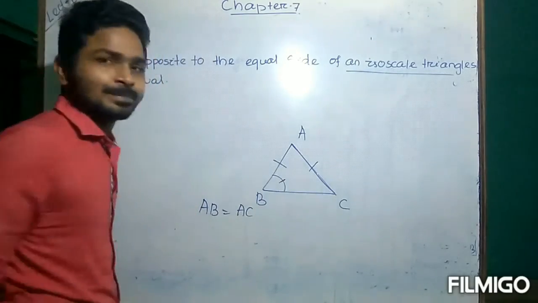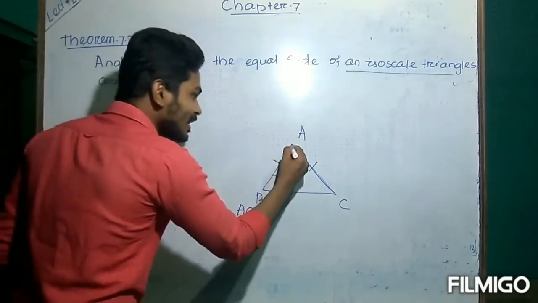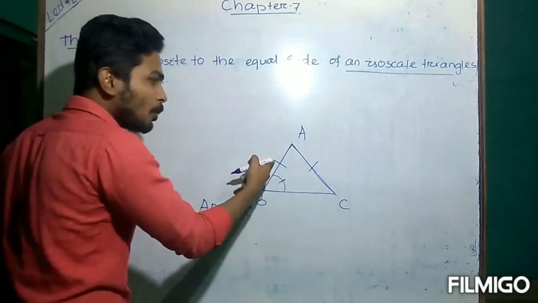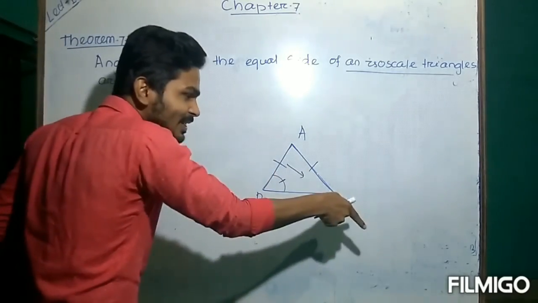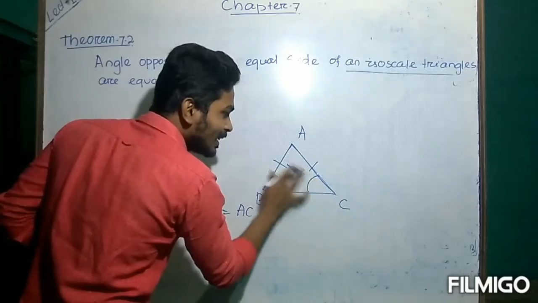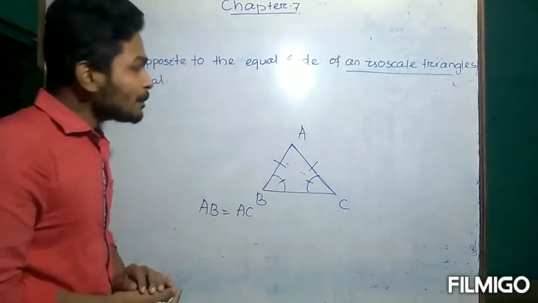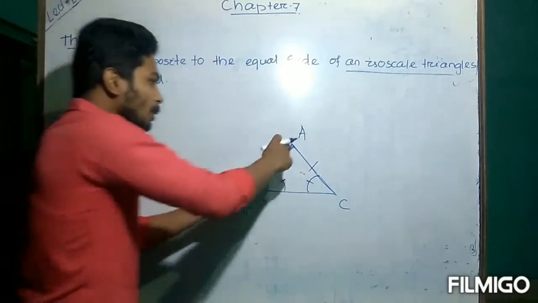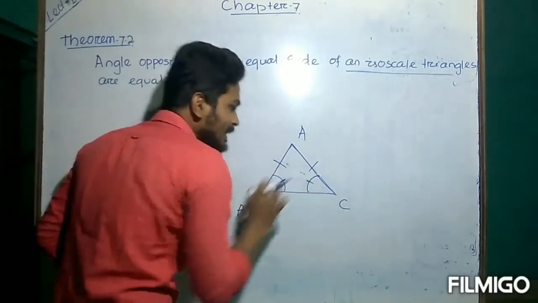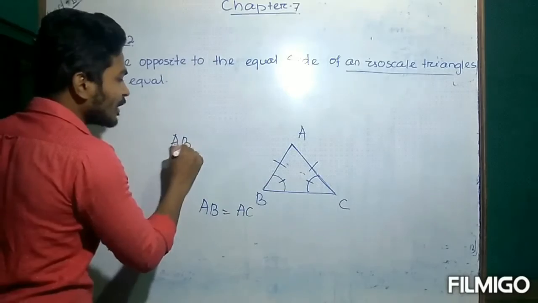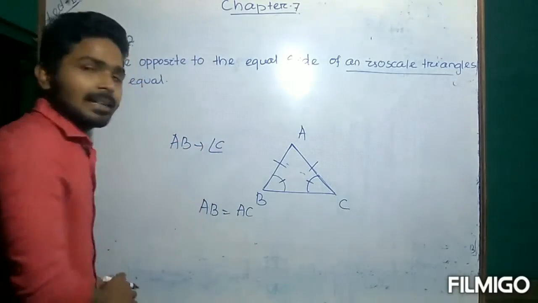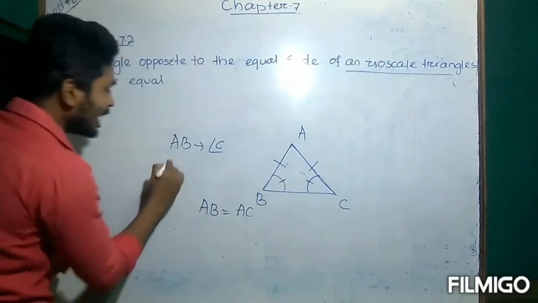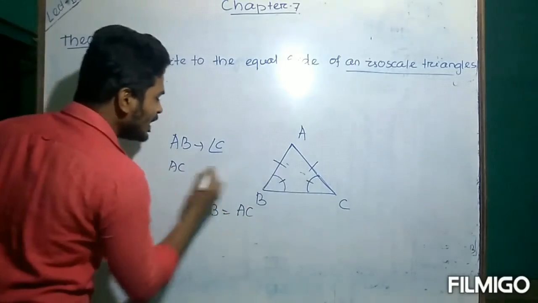And if we consider AB as a side, then the opposite angle in this direction is this one. So if AB and AC are two equal sides, then the opposite angle of AB is C, and the opposite angle of side AC is B.